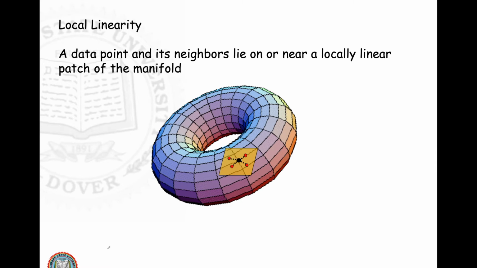Before that, we look at a typical manifold, this toroid, a donut, if you will. A data point and its neighbors are said to be locally linear. They lie on a linear patch of this manifold. And so if you take a particular segment on this manifold, and that's the black point, and if this patch is small enough, then all of its neighbors are going to be on some linear surface.